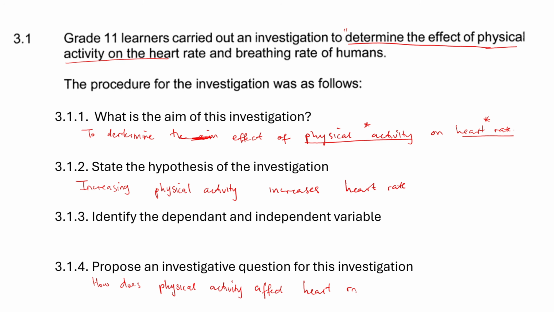So this is known as an investigative question. You are just questioning how something affects something. That is why we always have the format: how does the first variable affect the second variable?